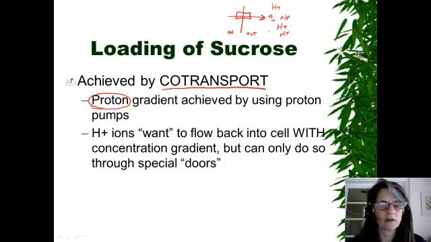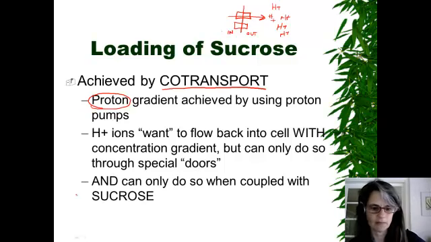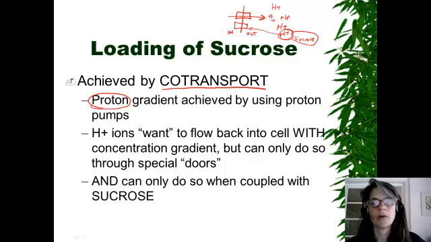Well, where would they like to go if they could? They'd like to go back to where there's a low concentration, but there's no door. We have to provide them with a door, a protein channel, if you will. However, this channel is going to have kind of a little catch in it. It's only going to allow the hydrogen ions to flow in if they are carrying with them a sucrose buddy.